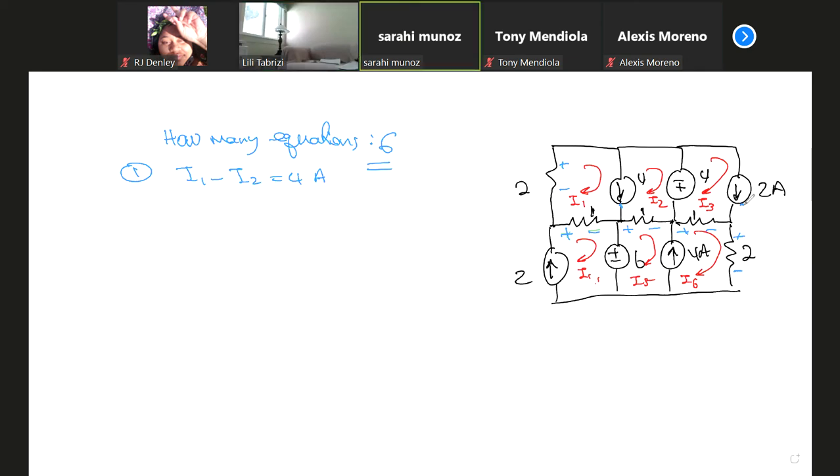I3. Is it the same direction? No. I3. Oh, yeah. This is equation 2. What about this current source? That one's going to be I4 equal to 2.